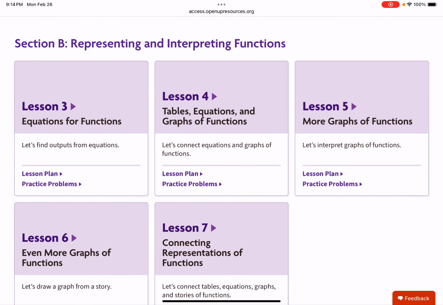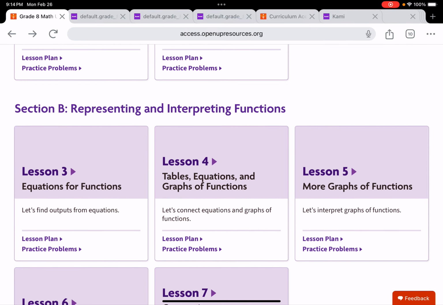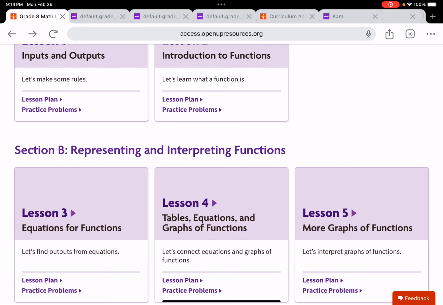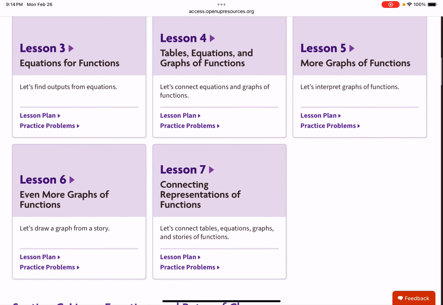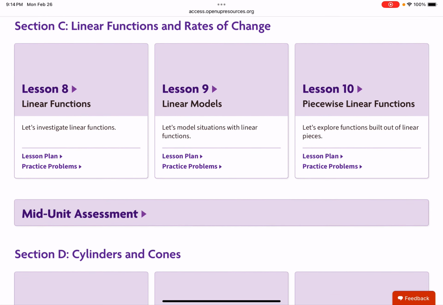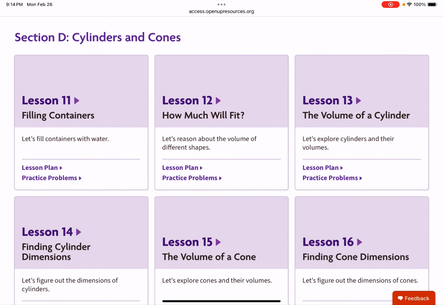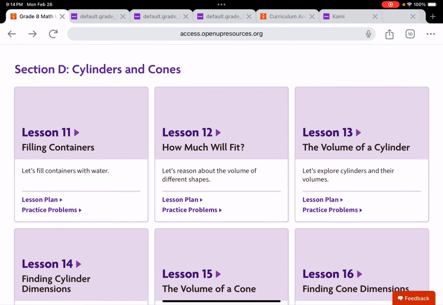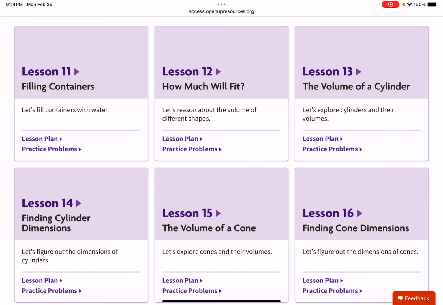So we've done nothing but talk about functions, tables of functions, equations of functions, graphs of functions, stories of functions, linear models of functions, piecewise linear functions. And then we're starting to get into now volume.